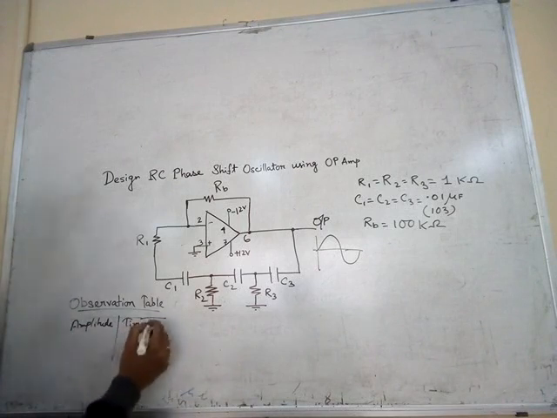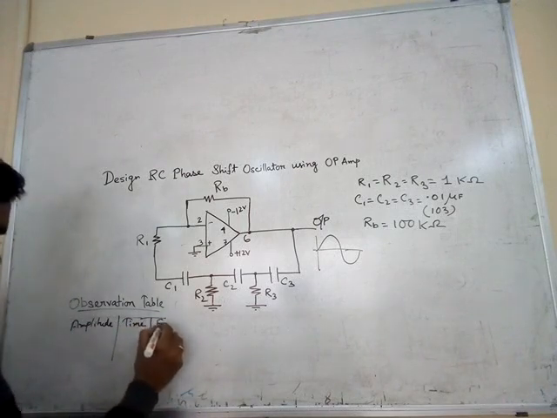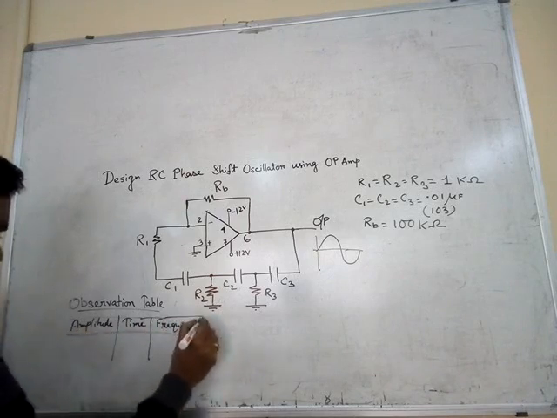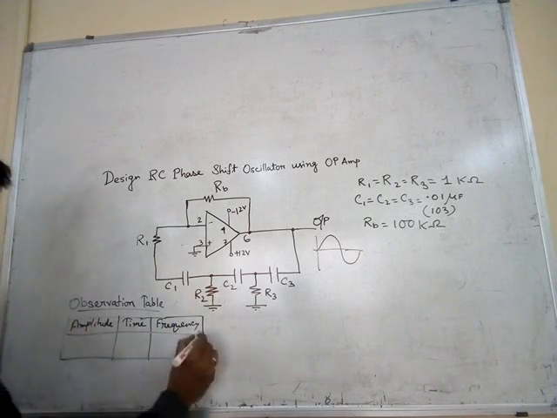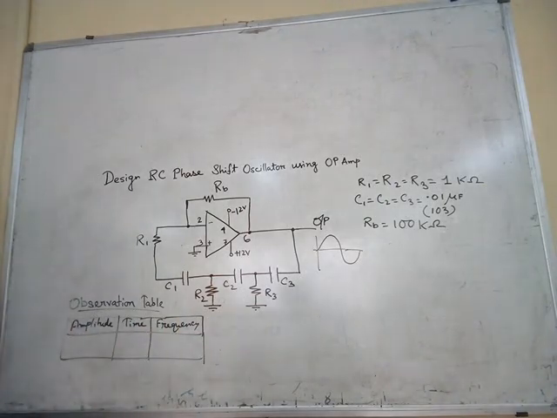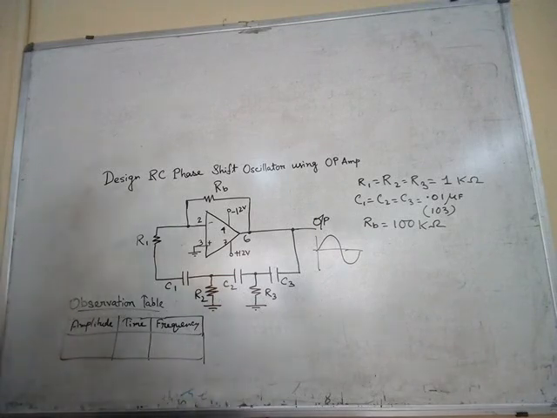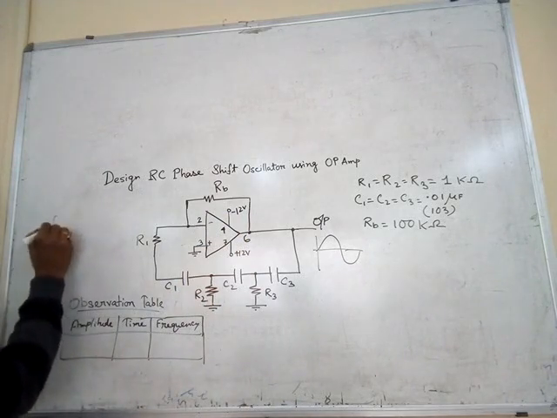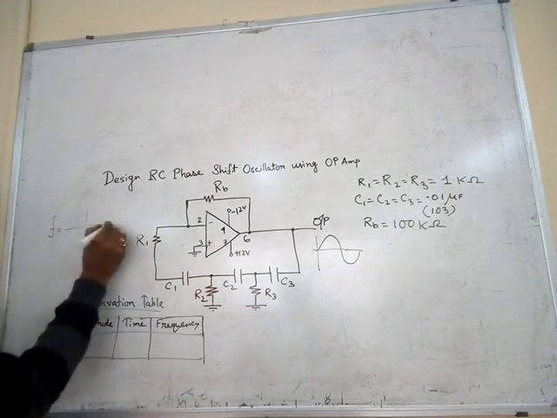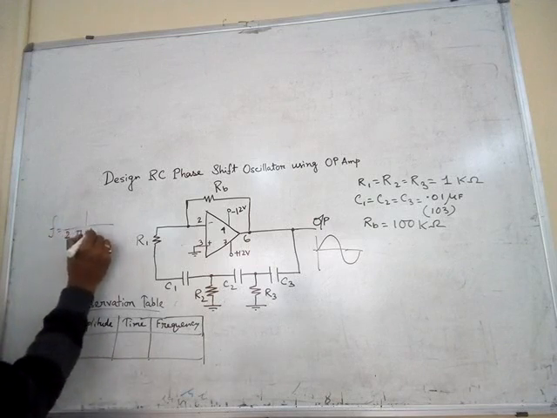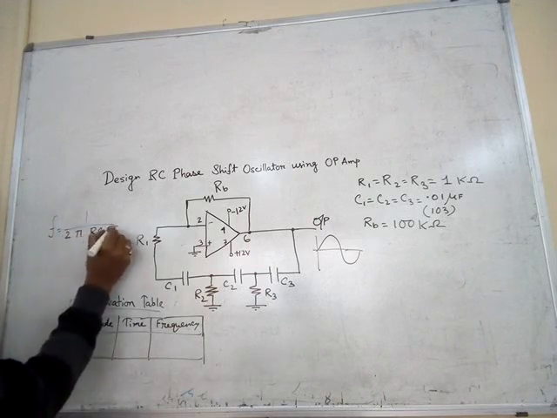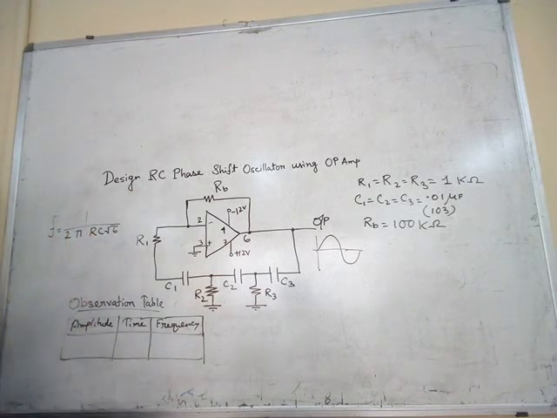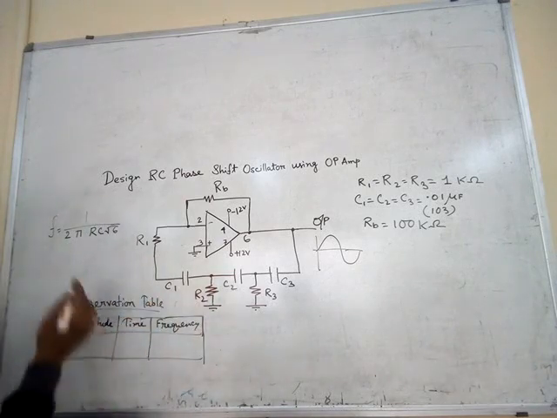If we divide 1 by T, then we get the frequency. These three readings we have to measure from the output signal. Then there is another equation, as per theoretical, that is F equals 1 by 2 pi RC into root 6. Here R is the value for R1 or R2 or R3.